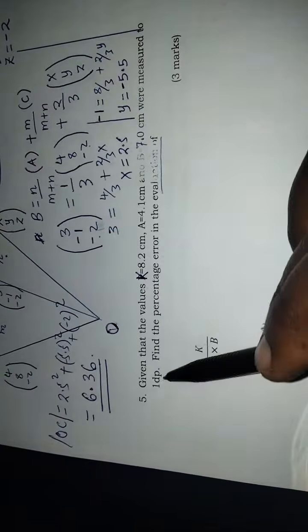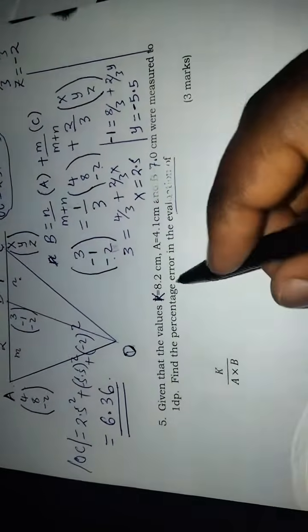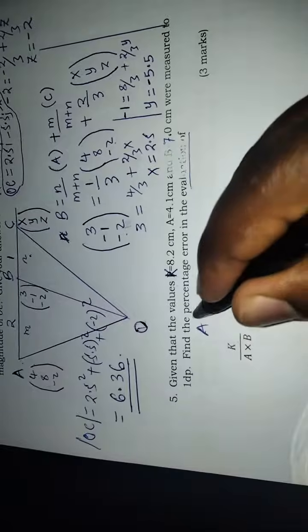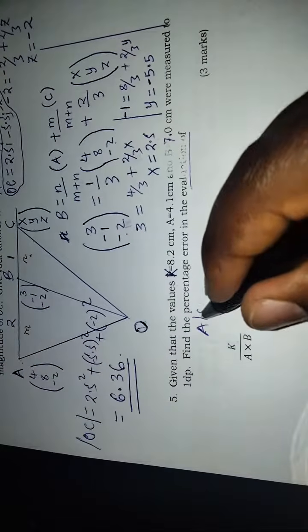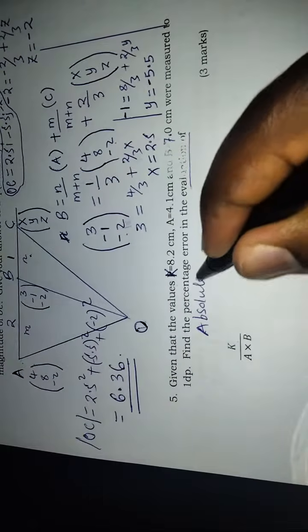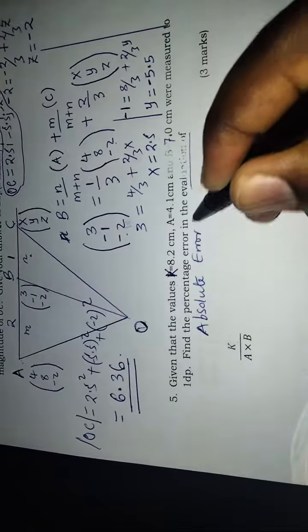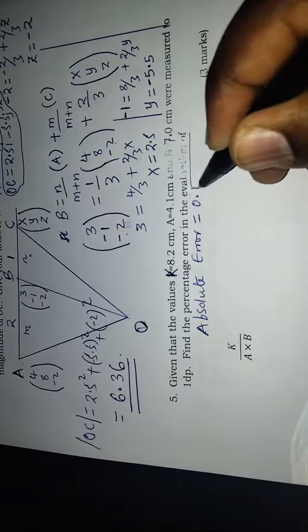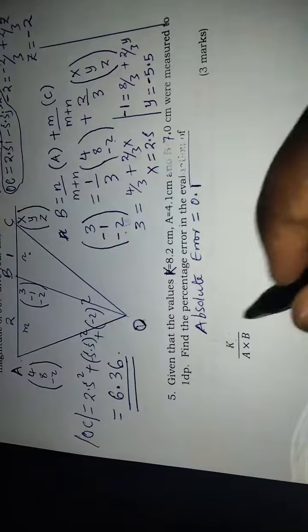So we are supposed to know the limits within which the recording of these values were done. It's 1 decimal place, which means the absolute error in the recording was 0.1.